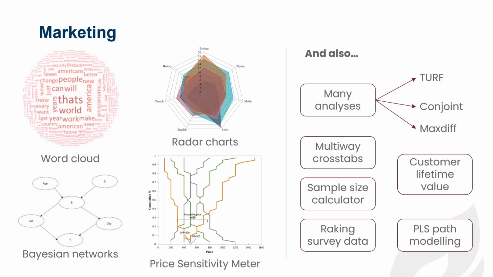This one helps you with determining what products you should emphasize in your line of products, what combination of products you want to emphasize. And we also have conjoint analysis, MaxDiff analysis. We also provide some features on customer lifetime value. You can also rake your survey data to make it more reliable. And we also have multi-way crosstabs.